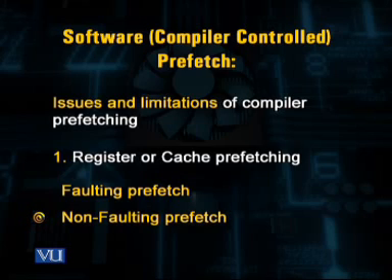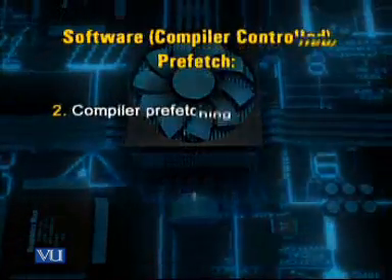The faulting prefetch may cause a protection violation or an exception for virtual addresses, whereas the non-faulting prefetch does not cause a protection violation or an exception for virtual addresses. Thus, it results in no operation in case of a protection violation.